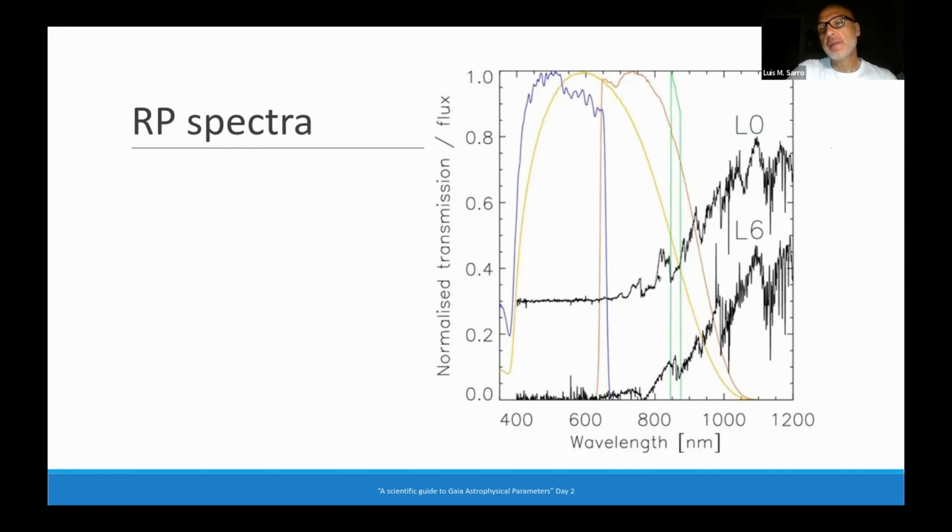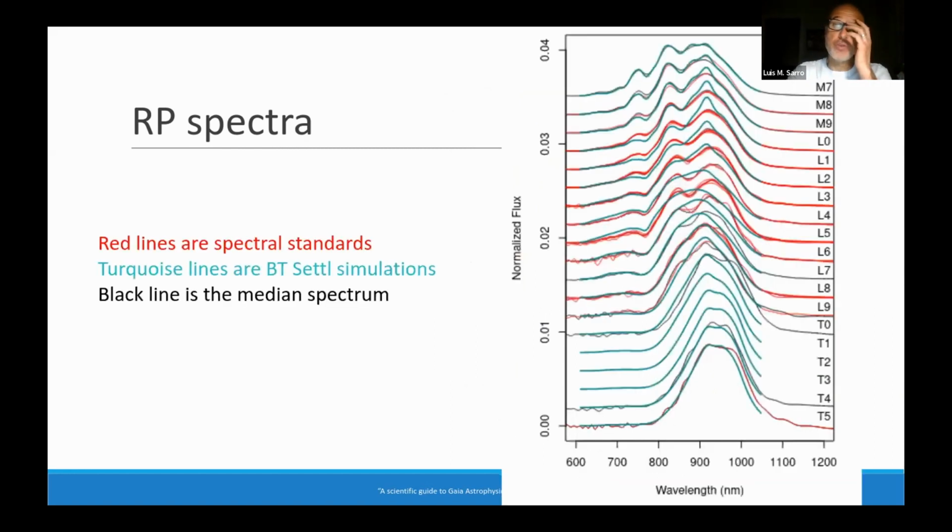The absorption features that you see here are due to hydrides, and there are some narrow lines of alkali elements. These will be translated into the spectral features that we see in the RP spectrum.